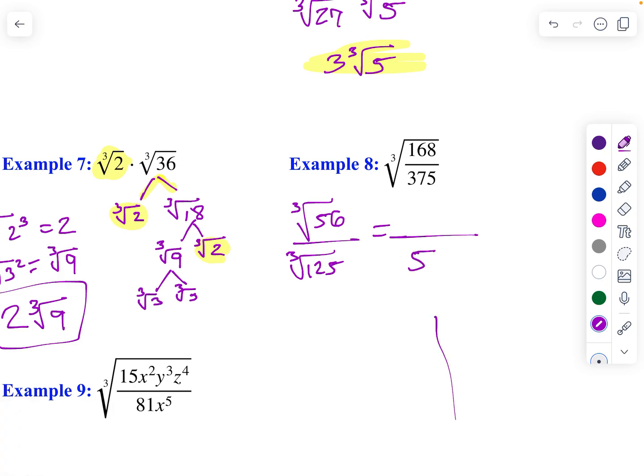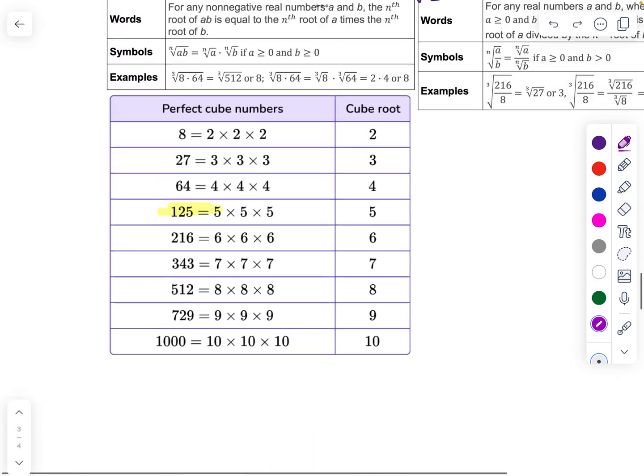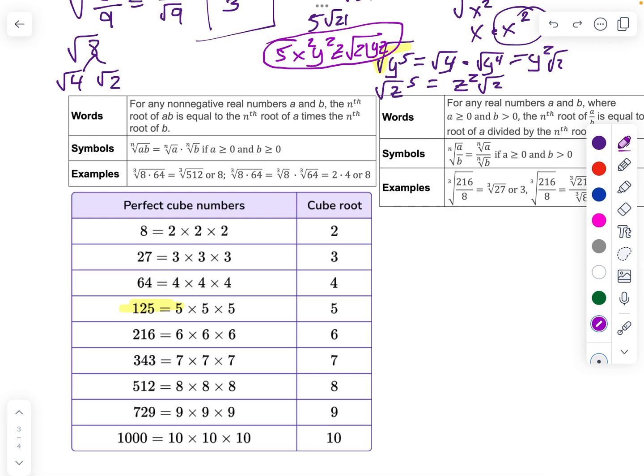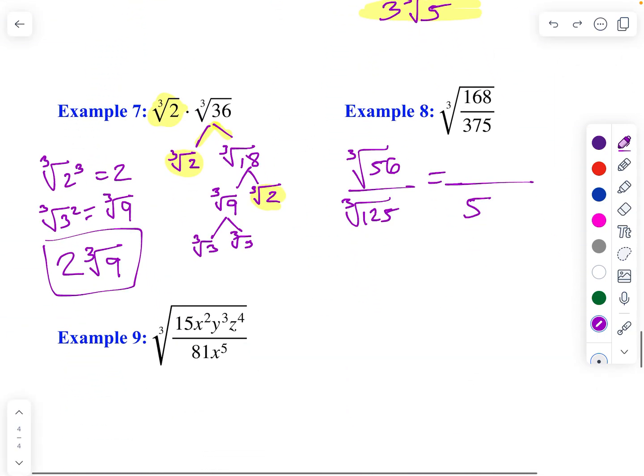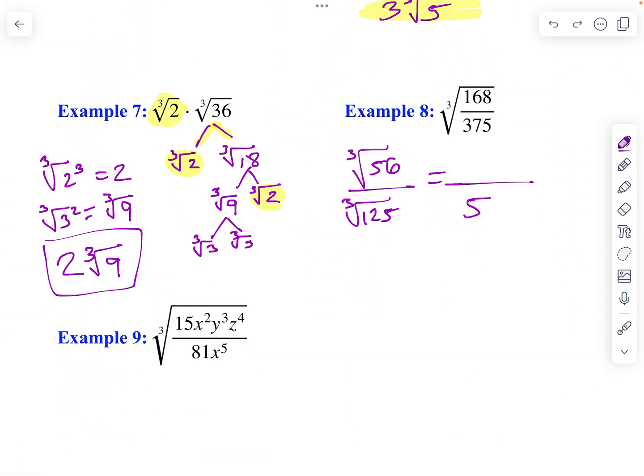Now I look at 56. 27 does not go into 56, but 8 does. So I'm going to make a factor tree for the cube root of 56. That's the cube root of 8 times the cube root of 7. And I know the cube root of 8 is 2, so 2 times the cube root of 7. And there's my answer.